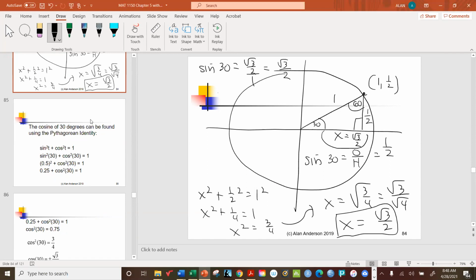And then the cosine of 30, adjacent over hypotenuse. Oh, wait a minute. I did it wrong again. Hold on. Opposite is over here.